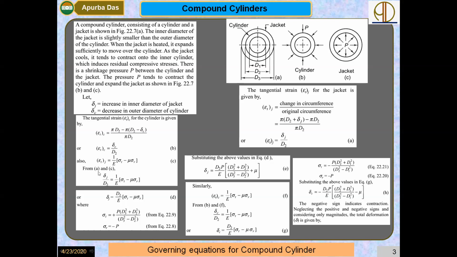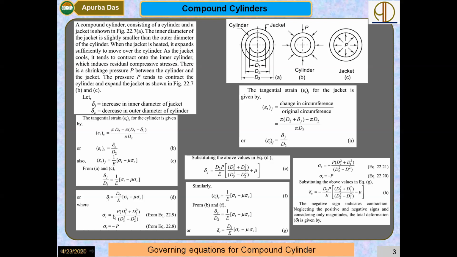So from equations A and C, we can write delta J by d2 is equal to this term. If we simplify, d2 cancels and then we can write this.